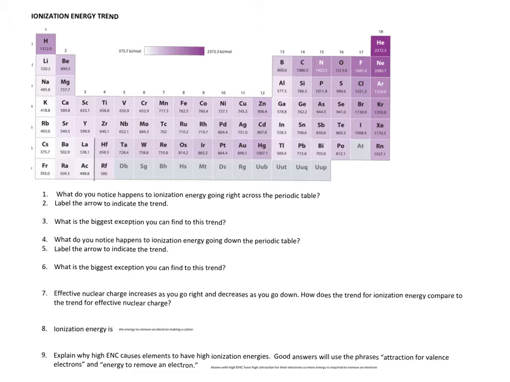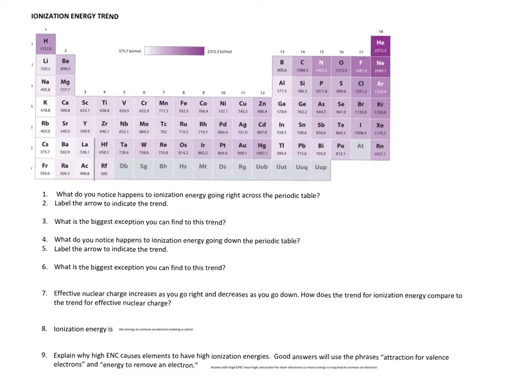There are a few exceptions, like here, when you switch from D to P blocks, and here as you go down, because in the sixth row for the first time you get the F block, but the exceptions aren't super important. I'm not going to ask you any questions where I want you to consider the exceptions other than to know that they're present and not be freaked out if you see a data set and the data isn't perfectly consistent.